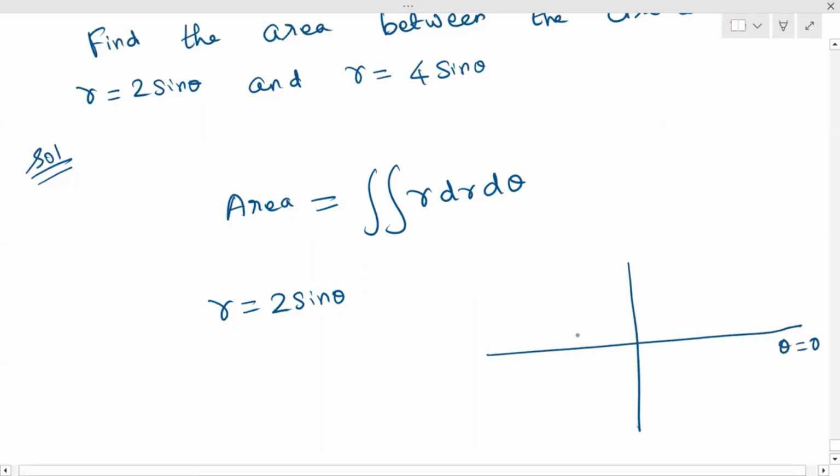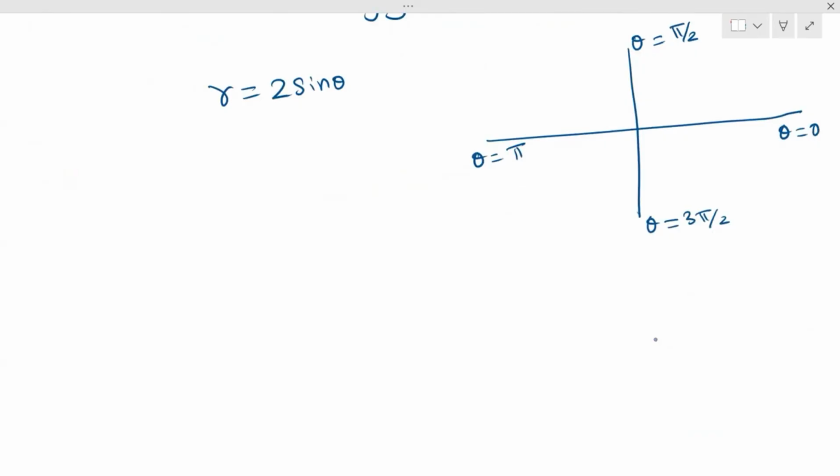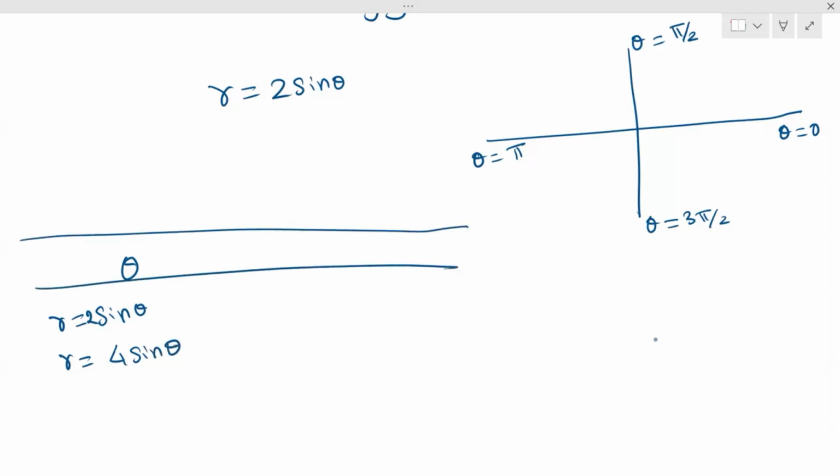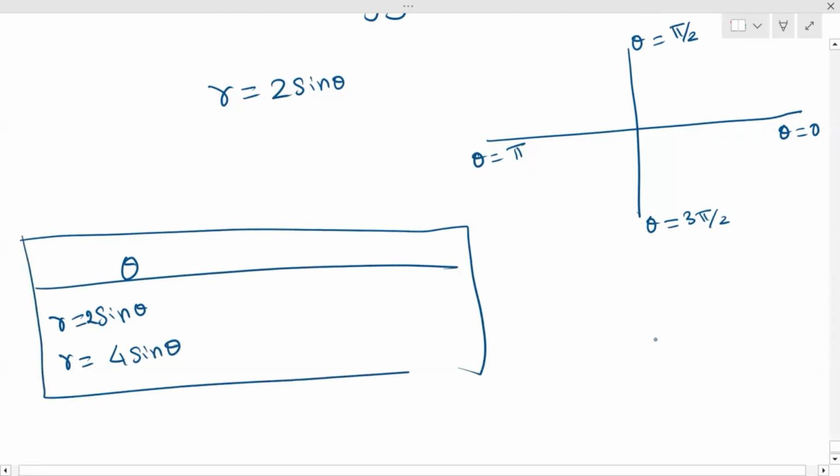So here it is theta equal to 0, theta equal to pi by 2, theta equal to pi, and theta equal to 3 pi by 2. Okay, here how to draw the diagram for this. For various values of theta, we have to find the corresponding value of r. Okay, first give theta value 0.